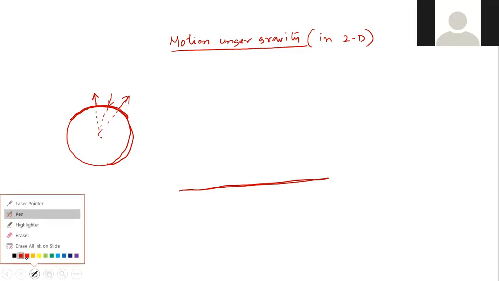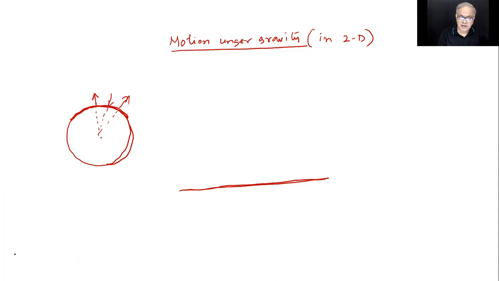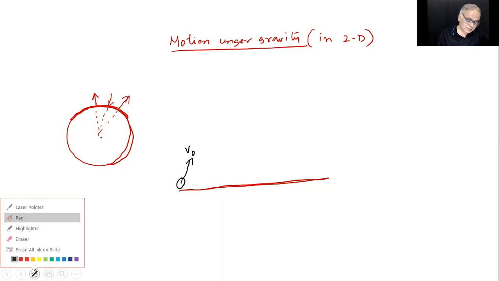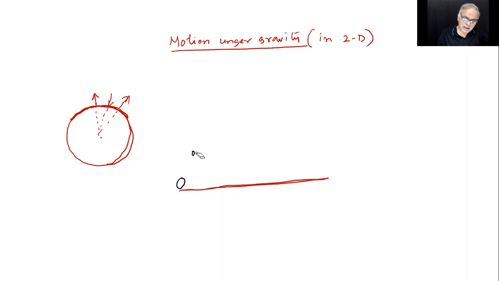Right. Now, in such a case, we project a body like this with a certain initial speed v0. Had there been no G downwards, the body would have gone straight. Do you agree?